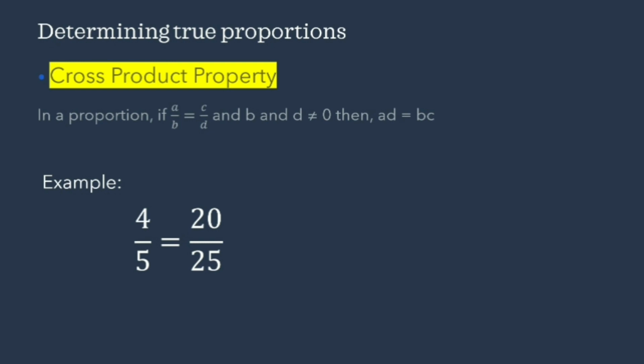Now let's determine if this example is a proportion. We will apply cross product. So 4 times 25, the answer is 100. Then 5 times 20, the answer is also 100. Since they are equal, then we conclude that 4 all over 5 is equal to 20 all over 25 is a proportion.